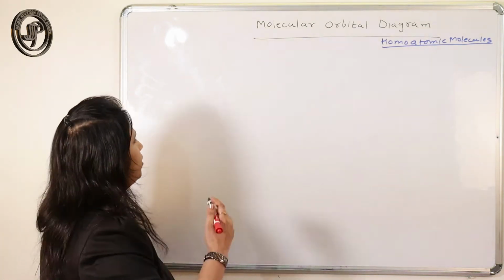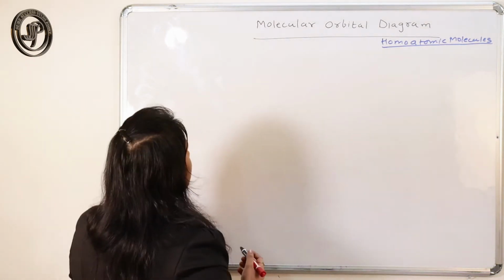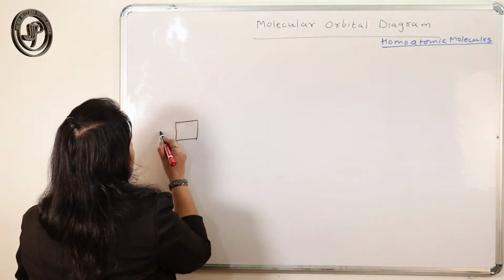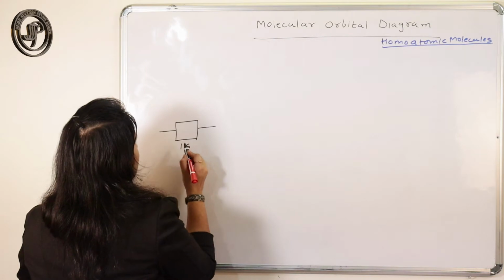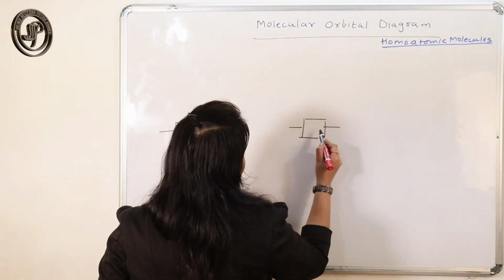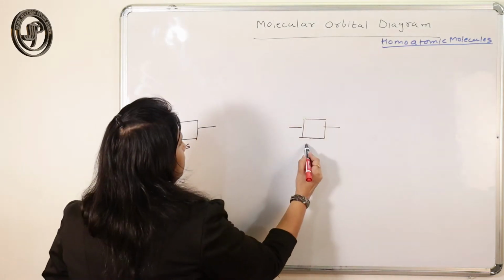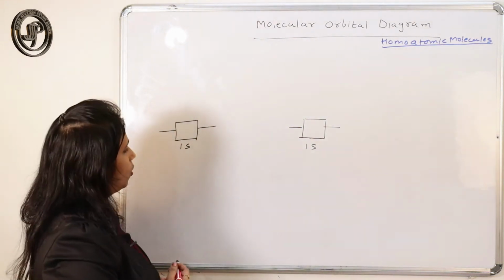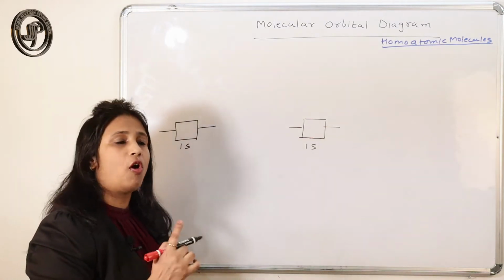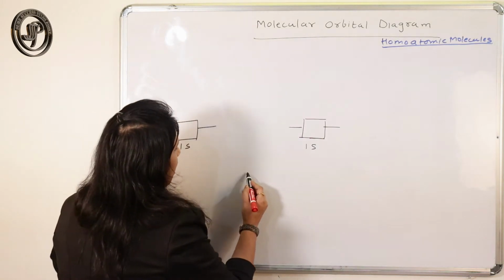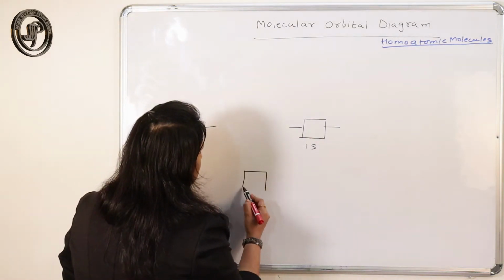Suppose we take an example: two 1s atomic orbitals. When they overlap, they form two molecular orbitals. So what are the two molecular orbitals?